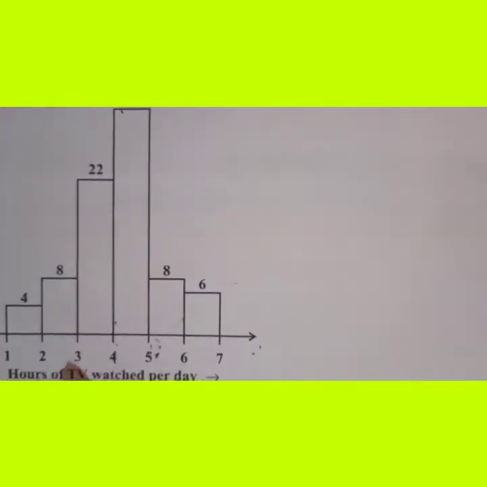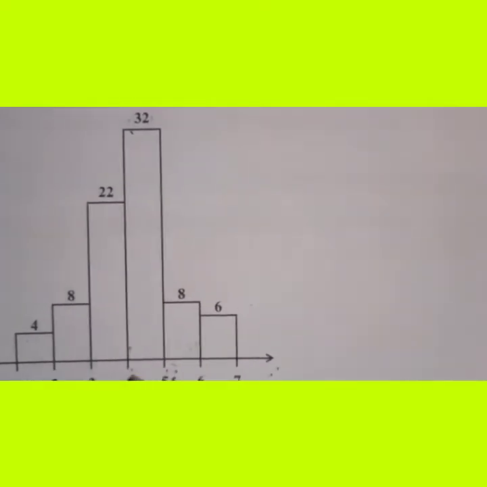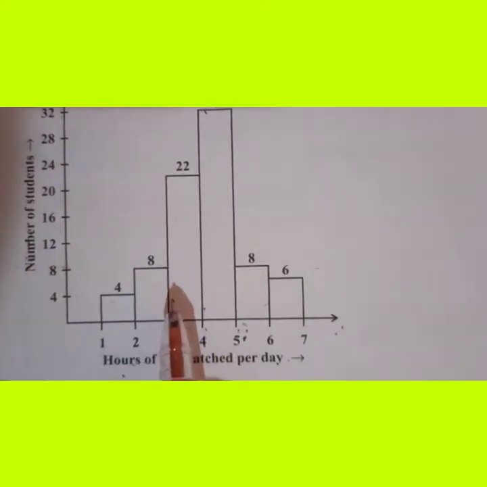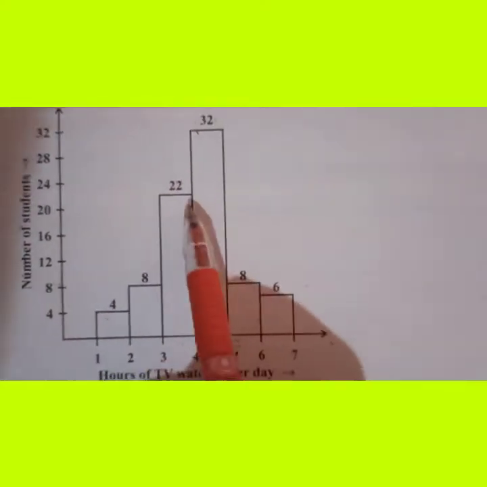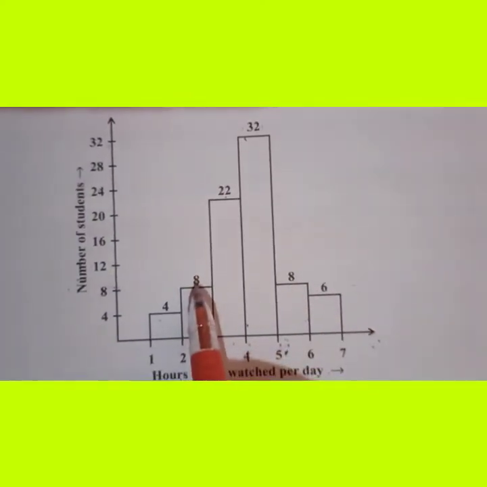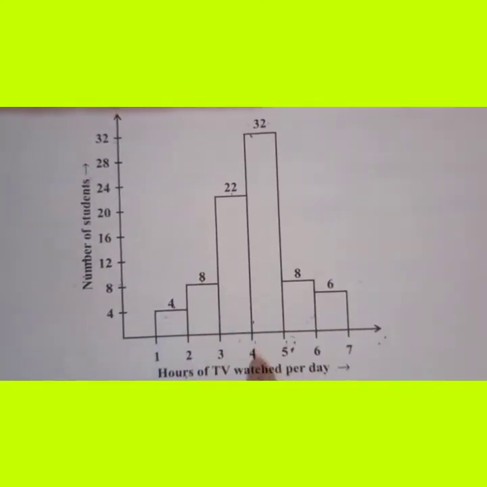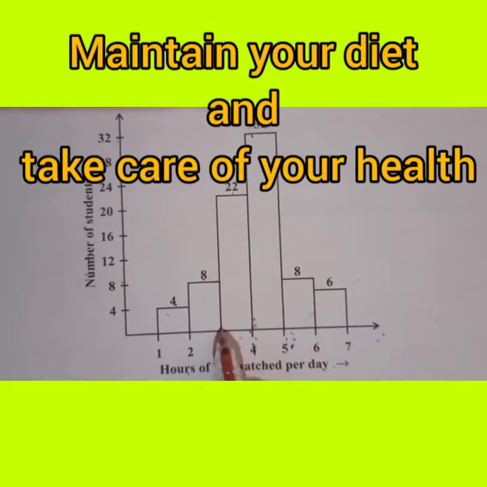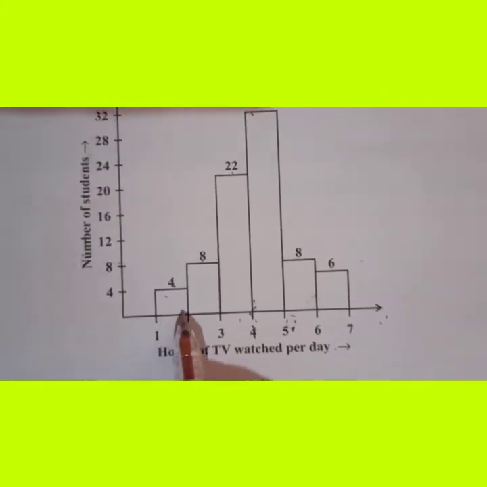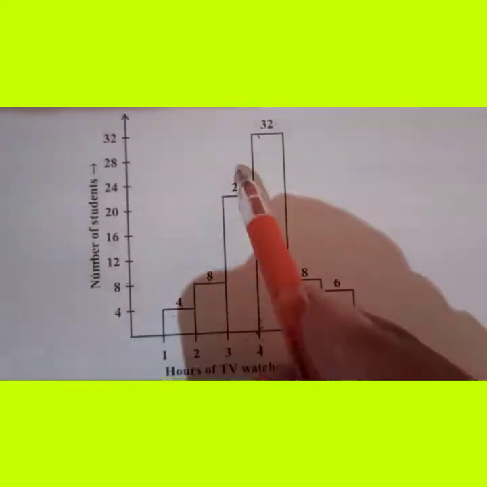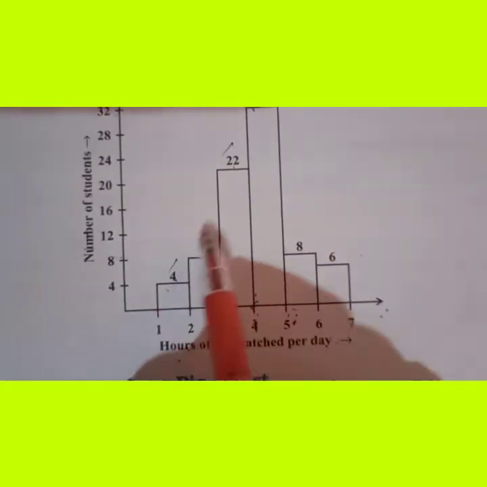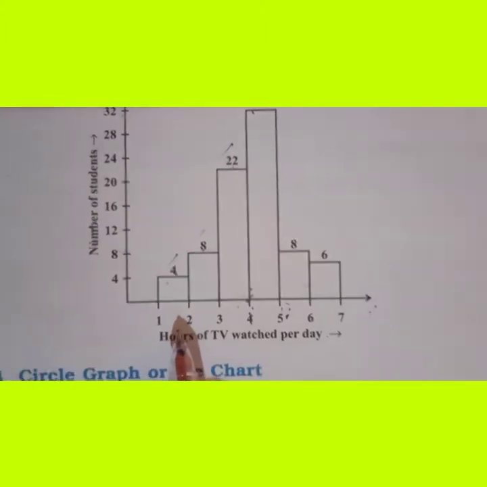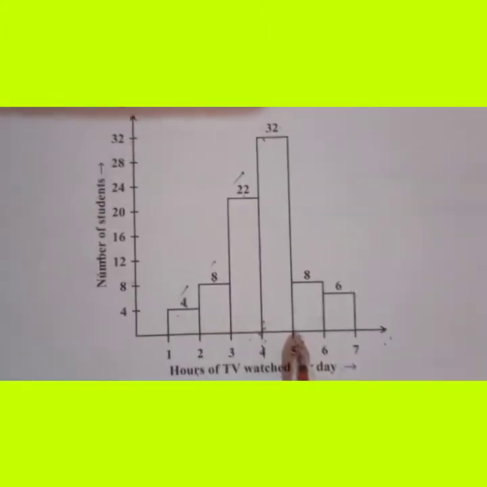Less than 4 hours, you just count how many there are. Counting from here up to 4: 22, 8, 4, so in total you will get 34 students. So you can write, 34 students watch TV for less than 4 hours. That is the second question's answer.